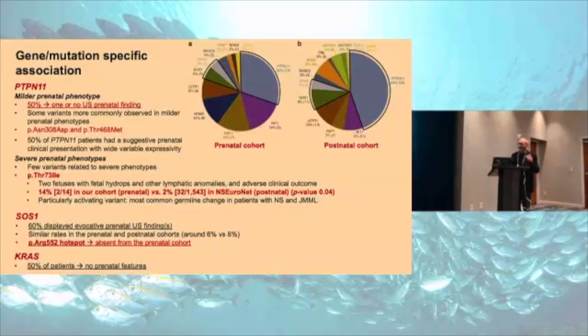We observed also some PTPN11 mutations that are associated with a milder prenatal phenotype, like the serine 308 aspartate or threonine 468 methionine that we have seen before.